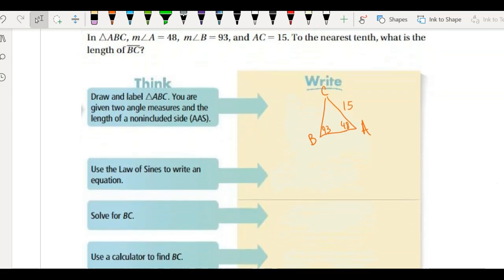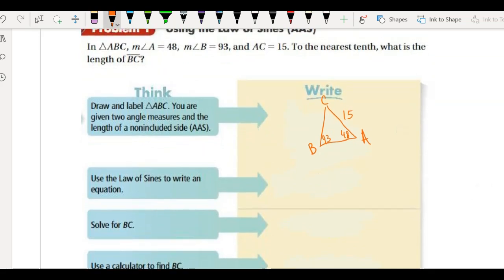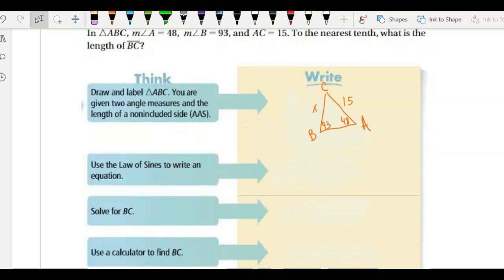Okay, so now I'm going to write, let's see, and it wants to know what is the length of BC. So I'm just going to put X there because that's what we're looking for. So I'm going to do the sine of 93 divided by 15.